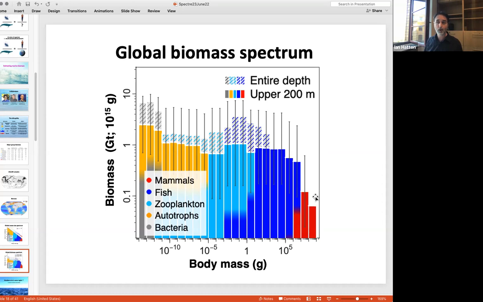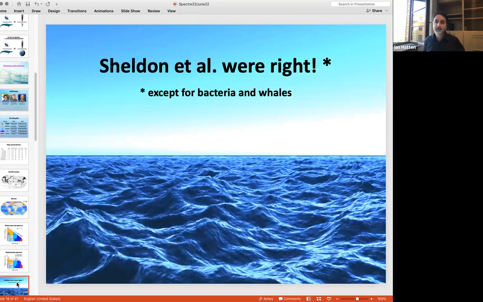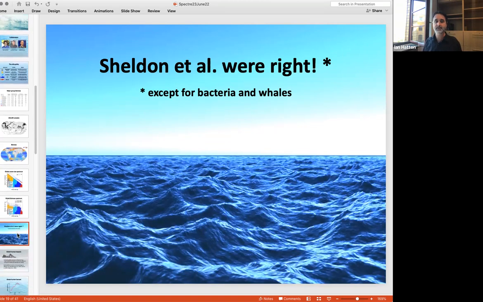And in fact, these are mostly whales because they're really the largest mammals. So we could say that Sheldon et al. were right, except for bacteria and whales themselves. But I don't know if we're going to nitpick on that. I would say Sheldon was very close to being right. So well done, Sheldon, according to our study at least.